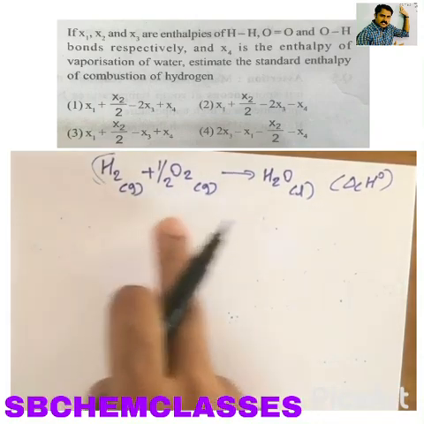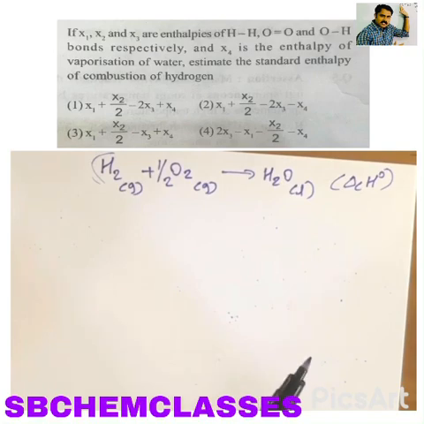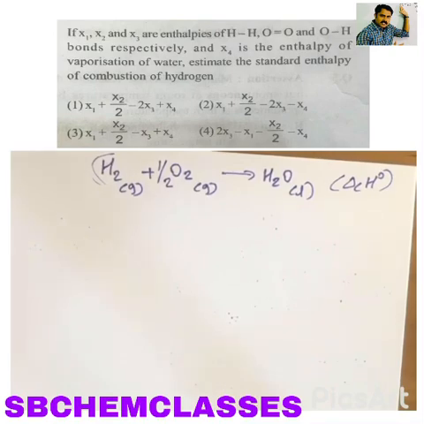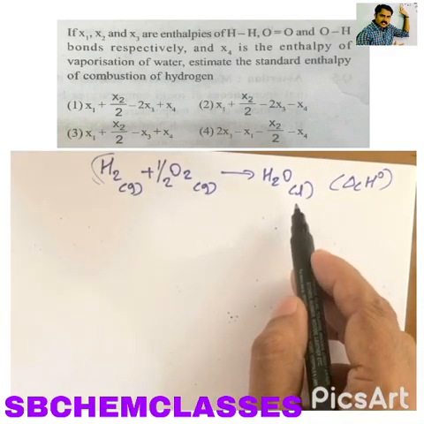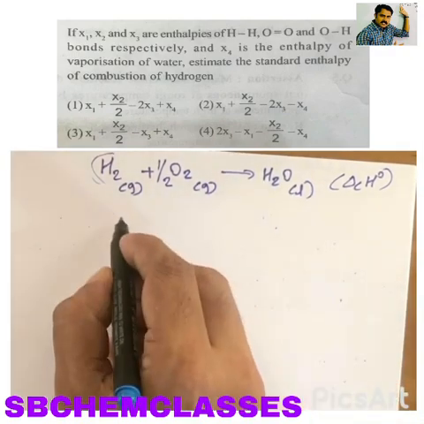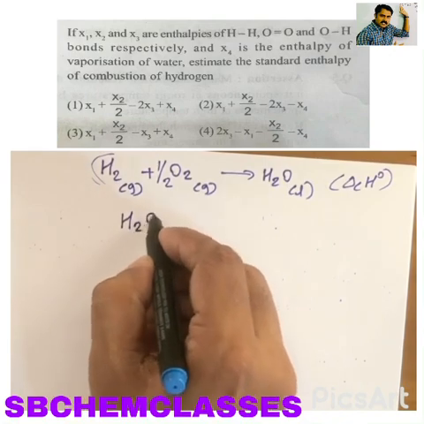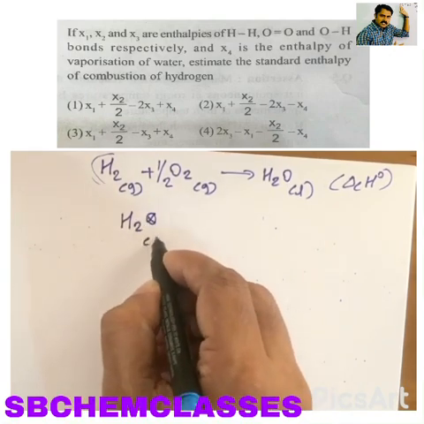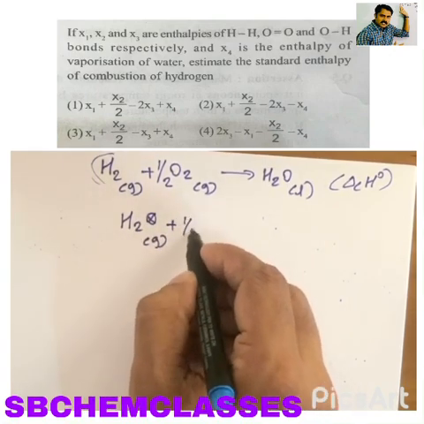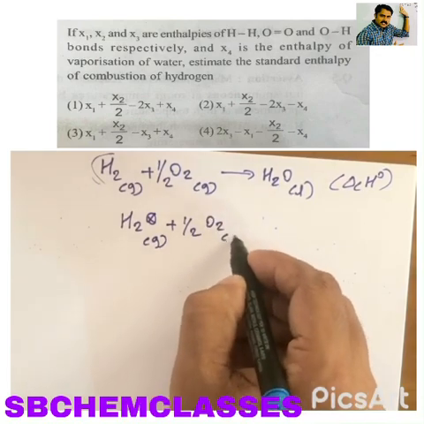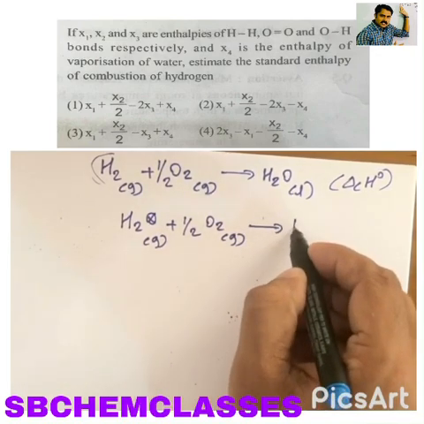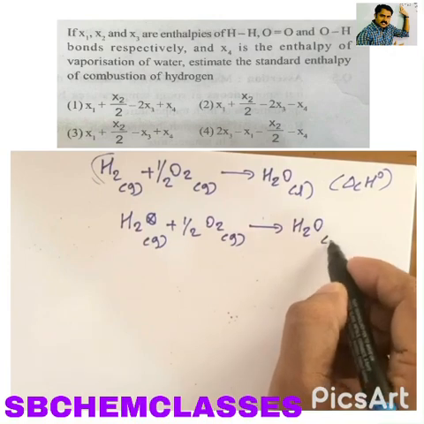To determine this enthalpy, we are given bond enthalpies. To use bond enthalpy, all the state of reactant and product should be in gaseous state, but H2O liquid is here. So I am writing this reaction. H2 gas plus half O2 gas become H2O gas.